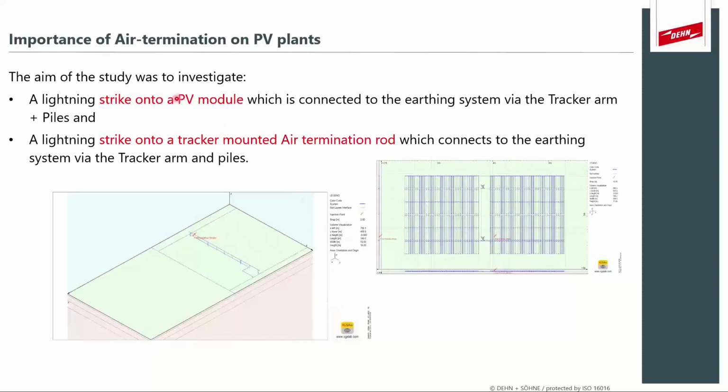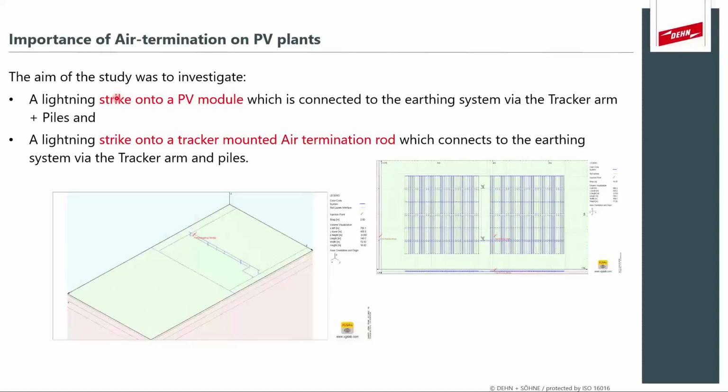Okay. So there were two things that we investigated. The first one, we wanted to measure what happens within the system if we strike lightning directly onto a PV module. So we don't have the dedicated path of air termination to the pile and into the earthing system.